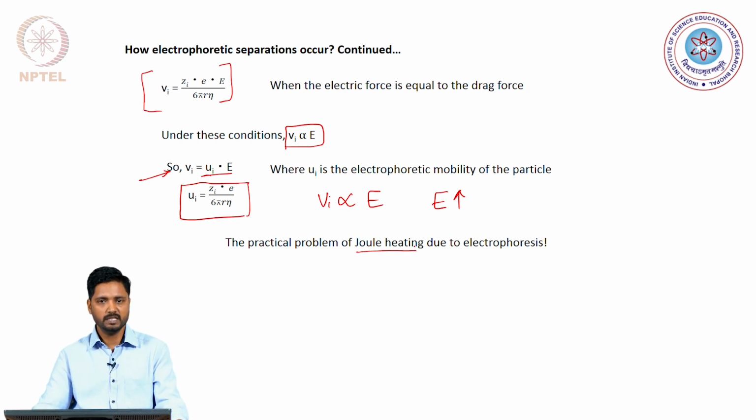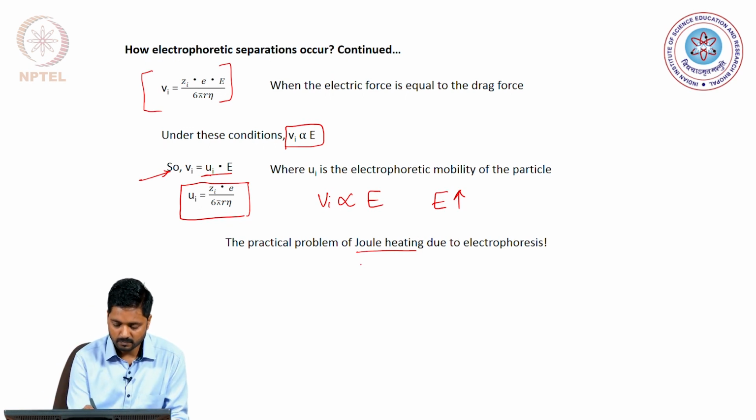That means, when a current is passed through a medium which can offer resistance, and we know that water is not so good a conductor of current, and that is why we have to add salts into it, but still if the electric field is very high, then this results in generation of heat during the electrophoresis, and this heat is what can often cause either the protein to denature or result in reduced resolution.